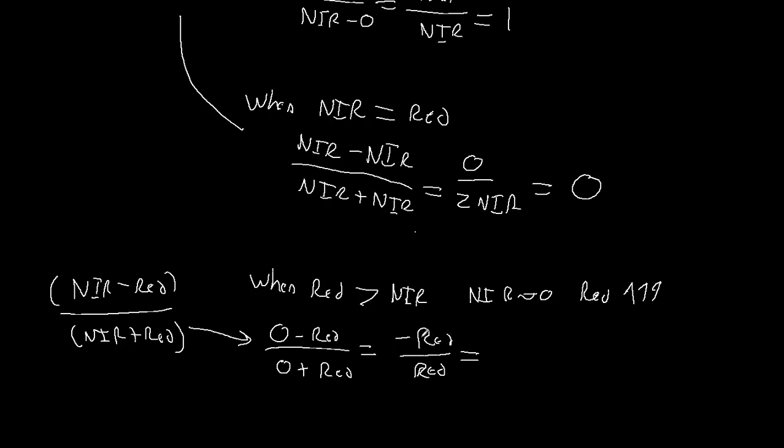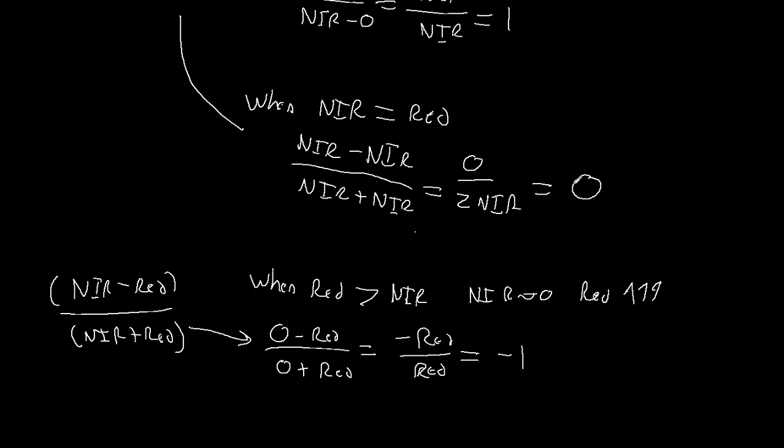When you have a negative something divided by a positive of the same thing, that's going to become -1. And so when red is really big and NIR goes to 0, this equation tends towards -1.